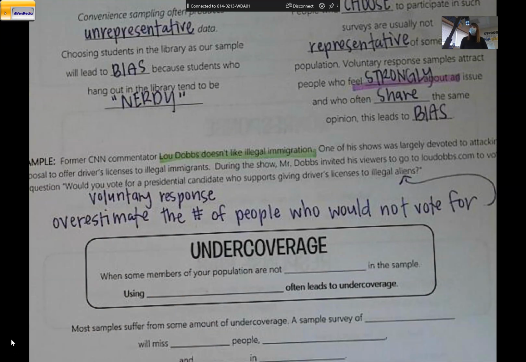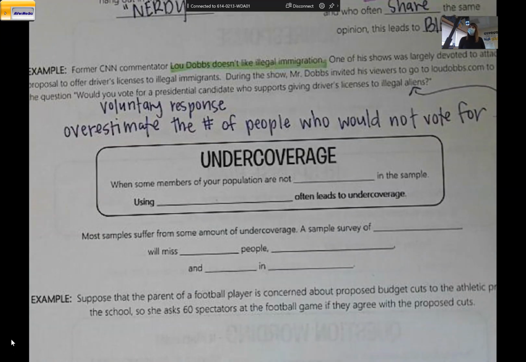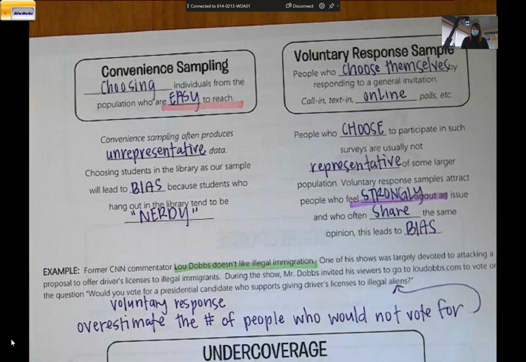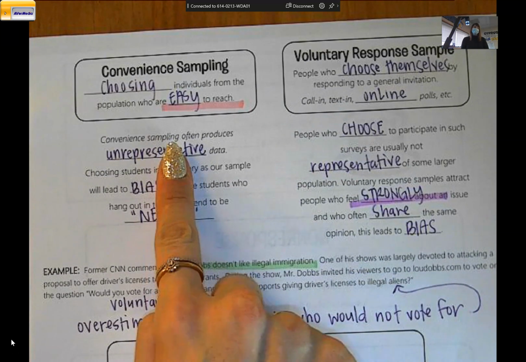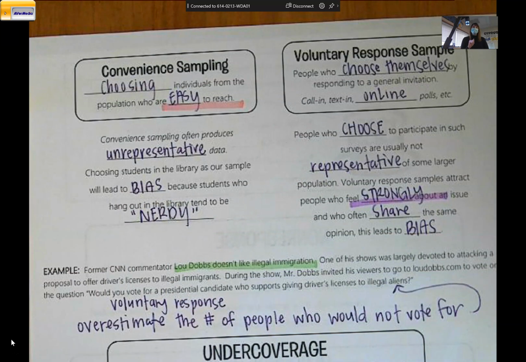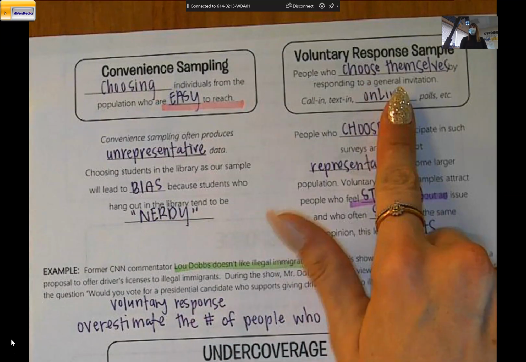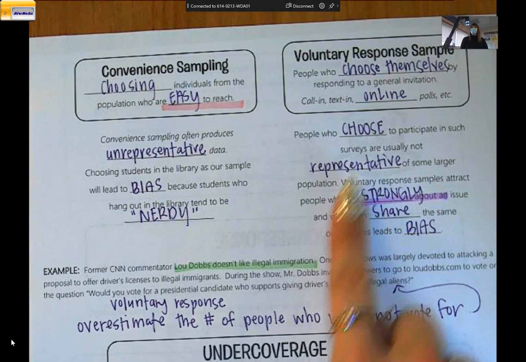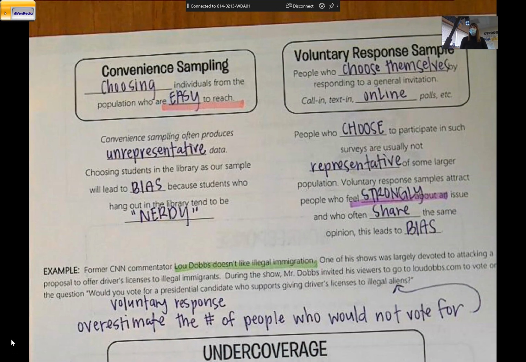Okay, next one. Undercoverage. So we have two methods here that are not great. Convenience sampling, you just do it because it's easy, but often your sample is unrepresentative. Voluntary response sample, not great, because people who respond usually feel strongly.